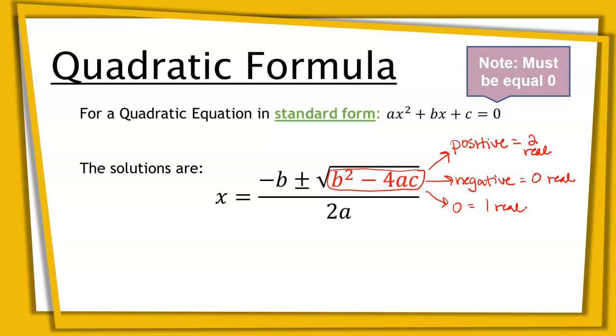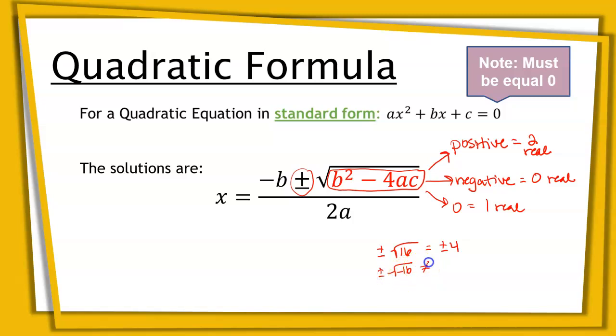Now, the reason is because if you think about what's under the square root, if I have the square root of, let's say, a positive number like 16, then if you look right in front of the formula, I have a plus minus. That would give me solutions like plus minus 4, and then with the rest of the formula. So that's 2 answers. If I had a negative underneath the square root, so a negative discriminant, well, I don't have any values that work.